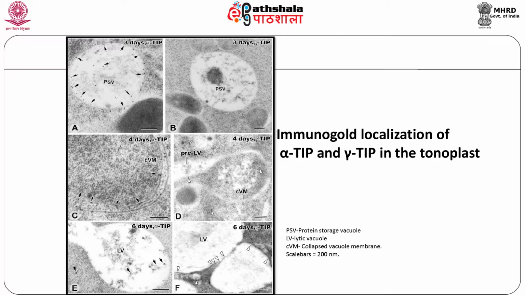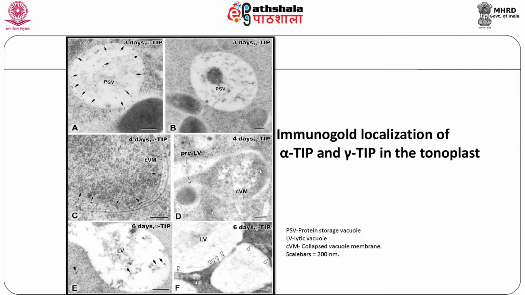C and D show collapsed PSVs, that is protein storage vacuole membranes of 4D roots, labeled strongly, shown by arrows, with anti-alpha TIP antibodies, shown by C, and weakly, shown by arrowheads, with anti-gamma TIP antibodies in D. E and F, in inner cortex cells of 6D seedlings, virtually all the alpha TIP labeling has disappeared from the newly formed LV membrane.